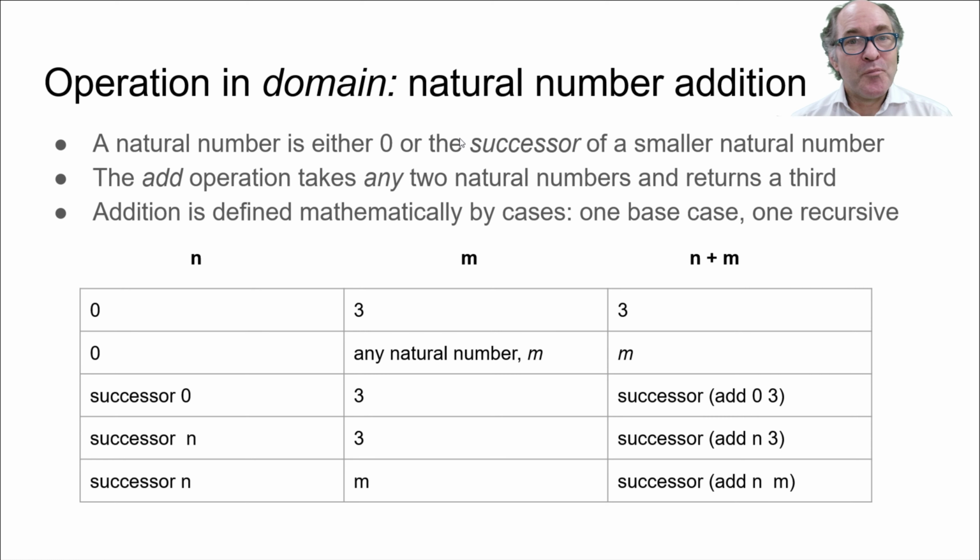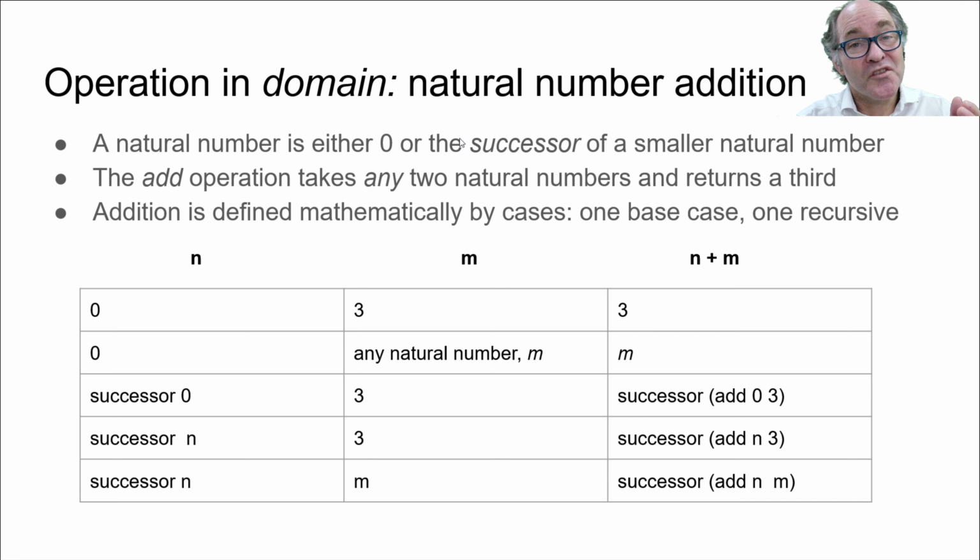Now the add operation is defined mathematically as a function that takes two natural numbers, which you can now think of as being represented in this kind of unary notation, and adds them together in a way that's defined by just two cases. Those cases correspond to the two ways in which a given natural number can be built.